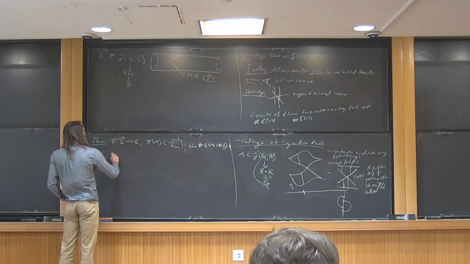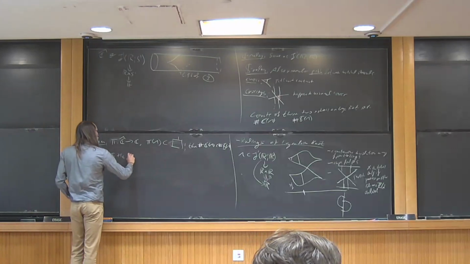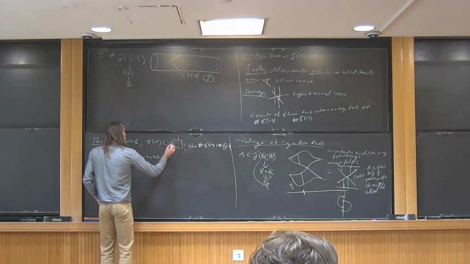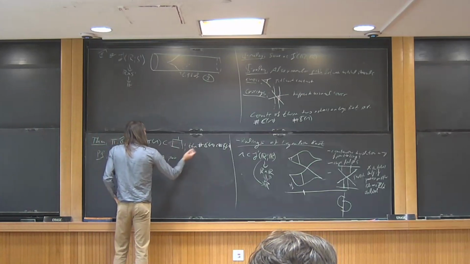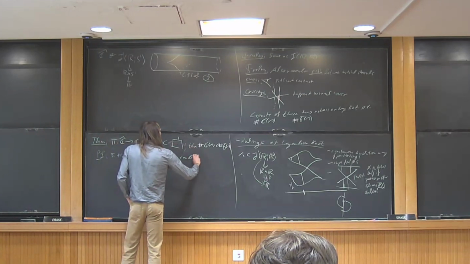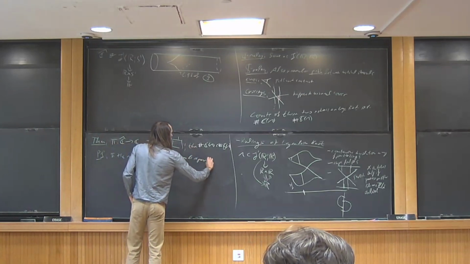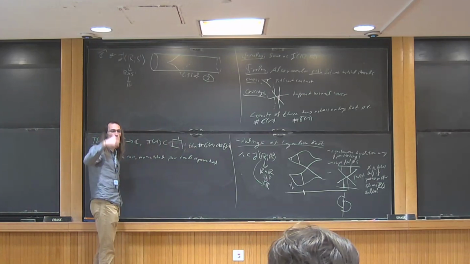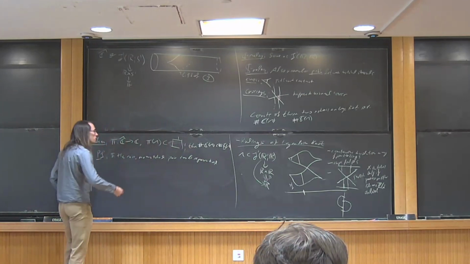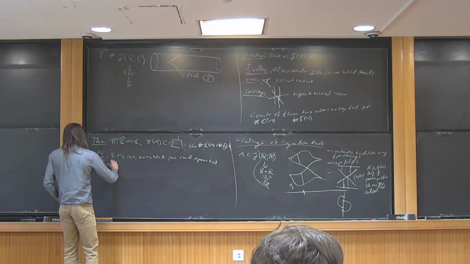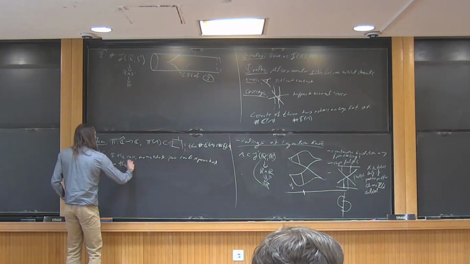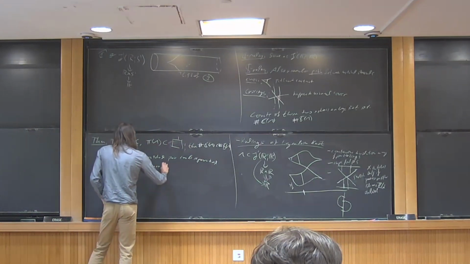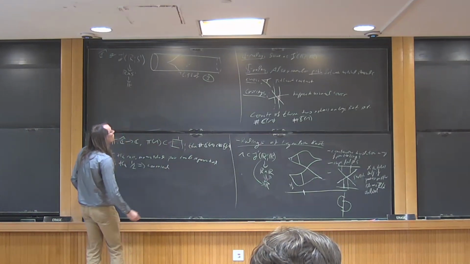Okay. What does that mean? That means that there is a canonical short path between any matched pair of strands on the circle. Now it's not so hard.